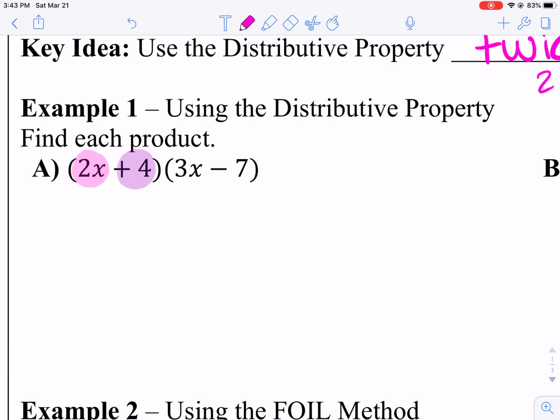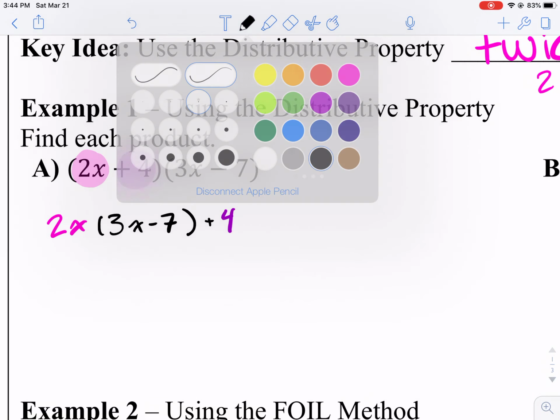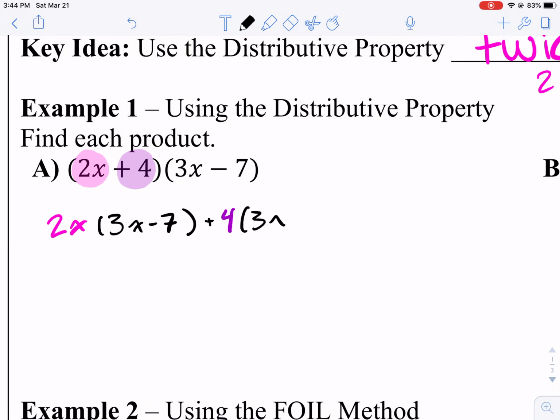So it's the same thing as 2x times 3x minus 7 plus 4 times 3x minus 7. Again, we took both members of our first binomial and we split them up so that we can distribute them both to both members of our second binomial.